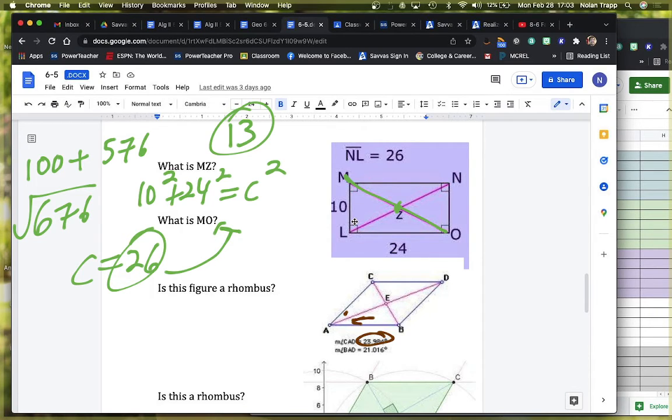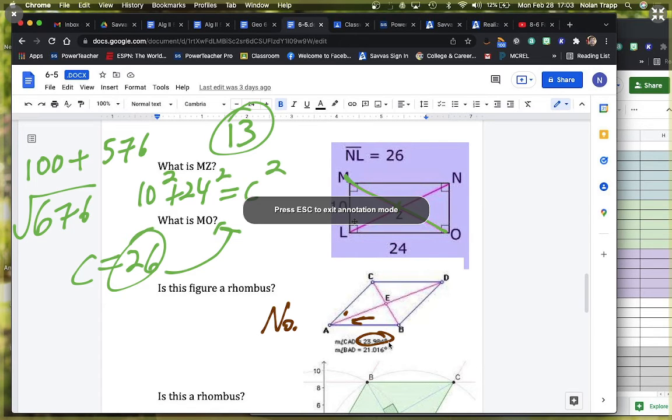Was this angle bisected? No. So I know immediately it's not a rhombus. But even if I would have told you this angle and this angle, you just have to do the math to figure out if this was 90 in the middle, right? Which it's not either way. So no, it is not a rhombus because those angles do not add up to 90, or are not equal to each other as a rhombus would need.